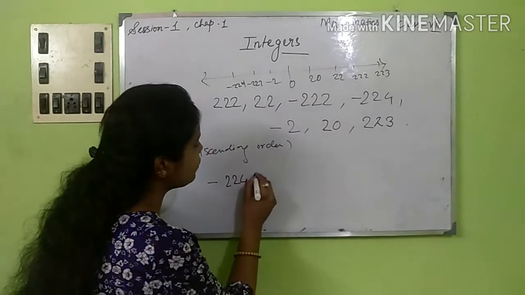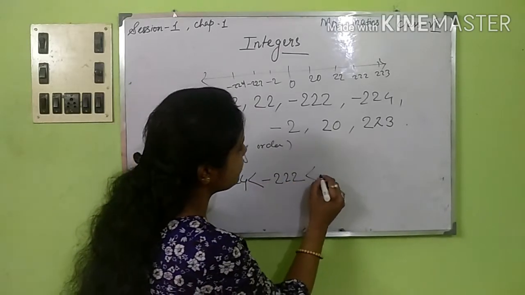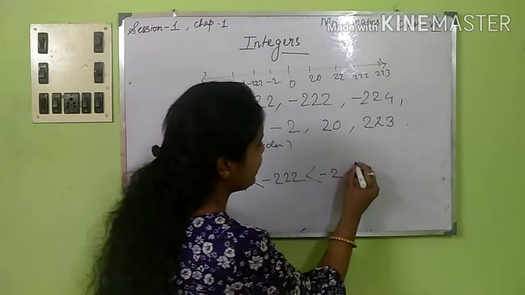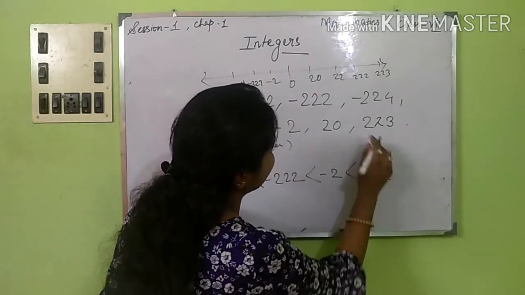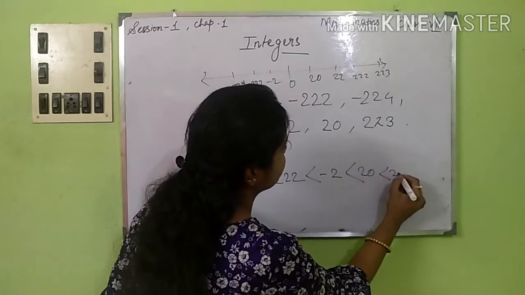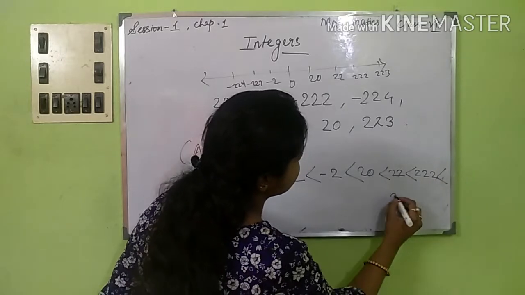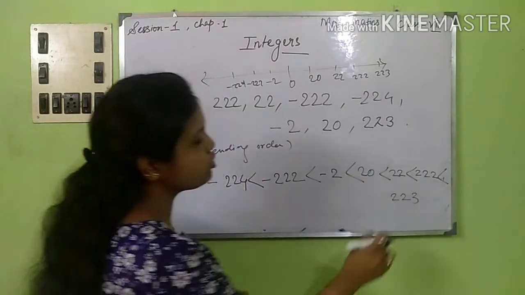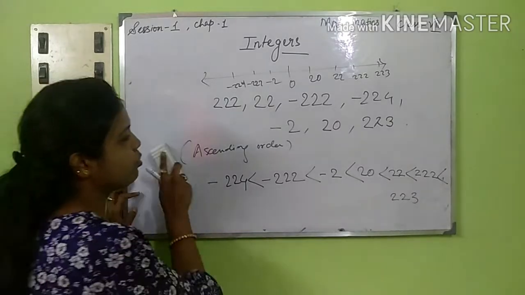Then which one is greater? Minus 222. Then minus 2. Then comes 20, then 22. After that comes 222. And last, the biggest number of this series is 223.